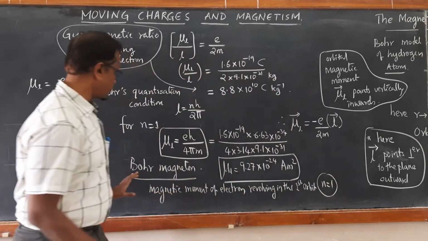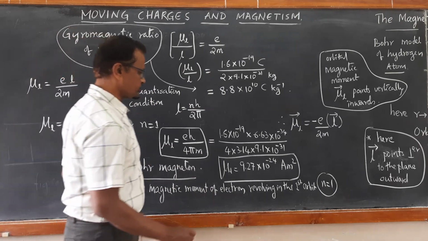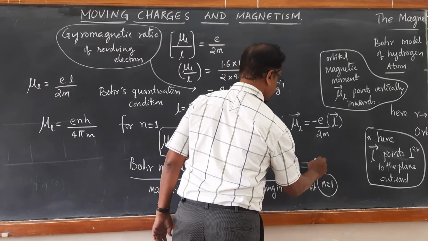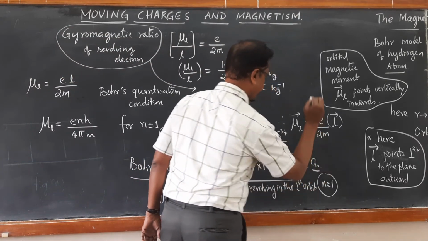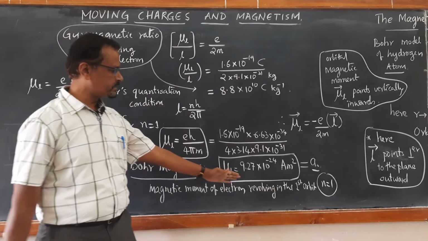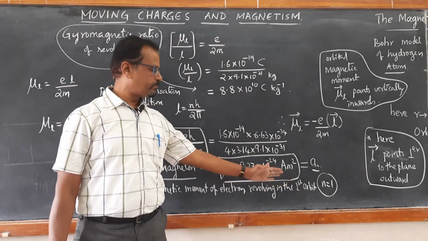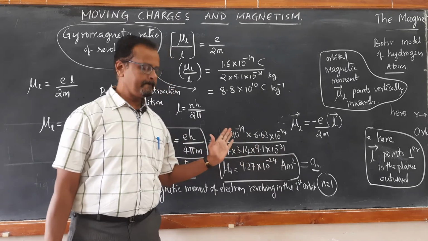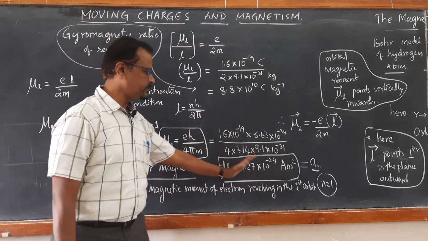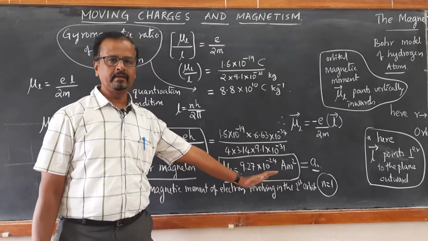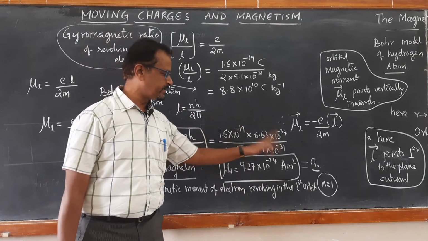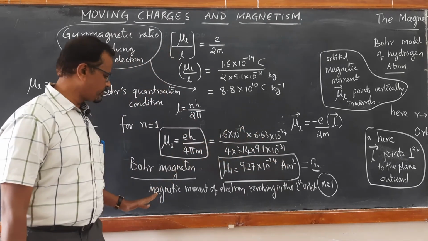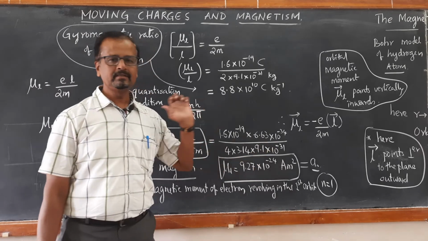That is what we call the Bohr magneton, and it is usually denoted by mu B. Once you remember this, if you multiply it by 2, you will get the magnetic moment of the electron in the second orbit. If you multiply it by 3, n equal to 3, then you will get the magnetic moment of the electron revolving in the third orbit.